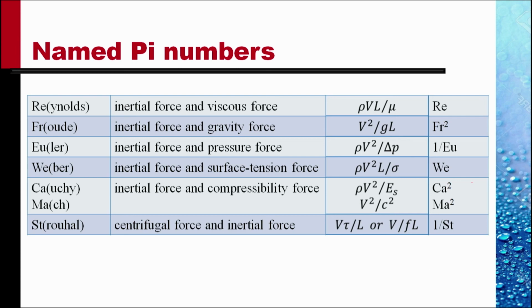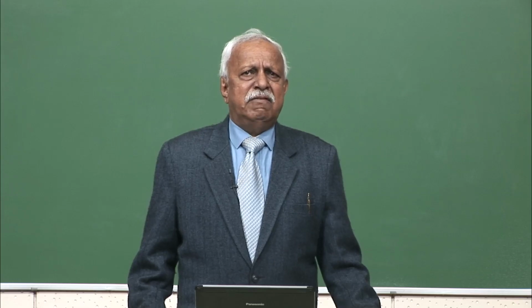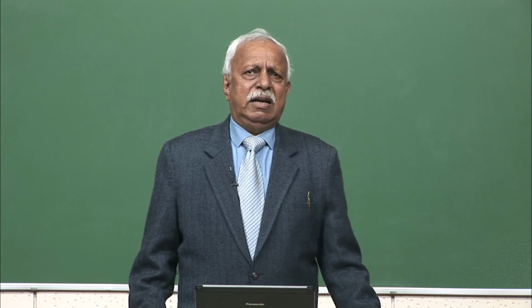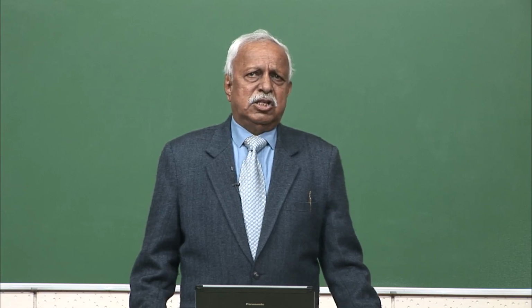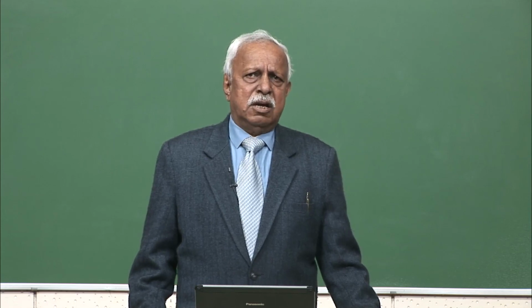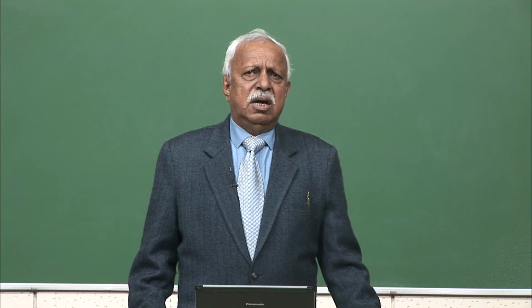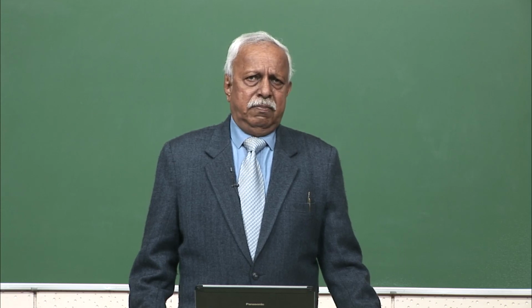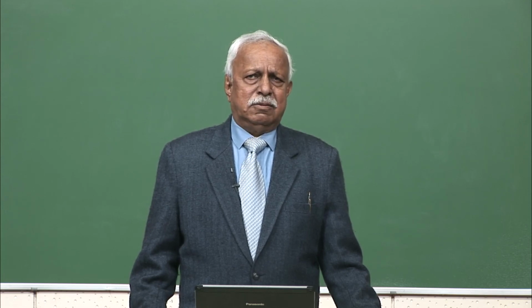The Euler number is defined as delta P divided by rho V square. Similarly, the other numbers: Weber number relates inertial forces with the surface tension forces. Cauchy and Mach number relate inertial forces with the compressibility forces. The Strouhal number relates inertial forces with the centrifugal forces and the unsteady forces.